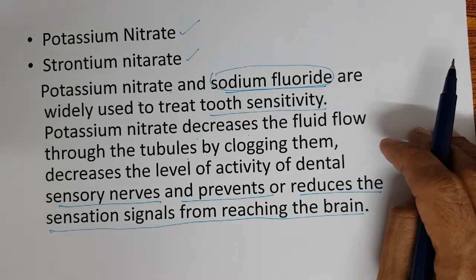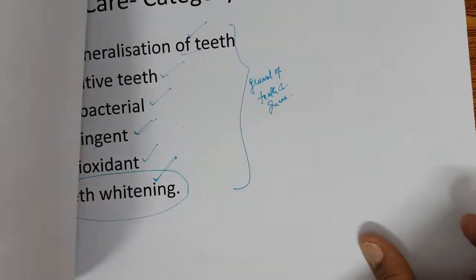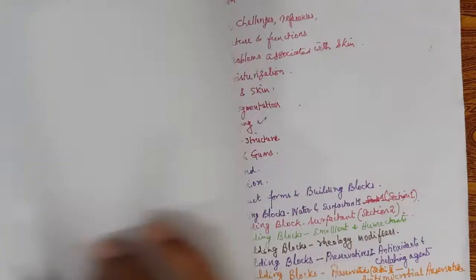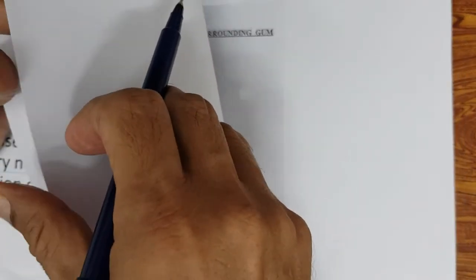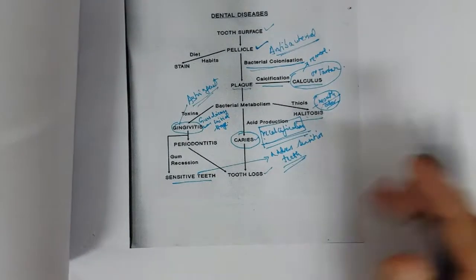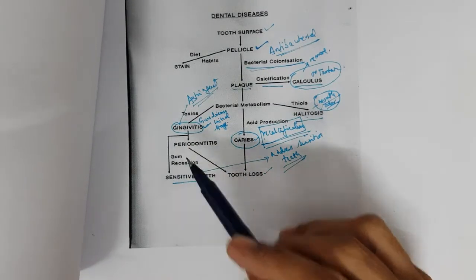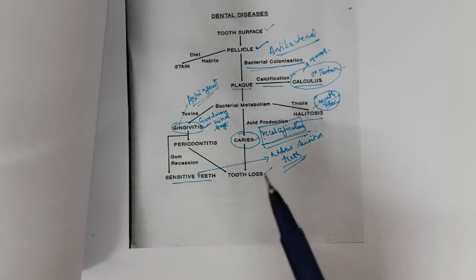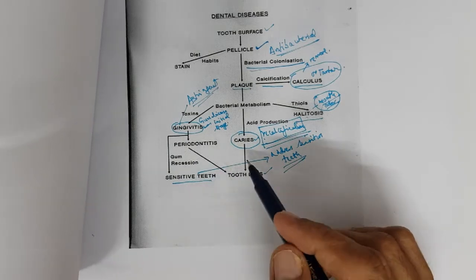Okay, so how do you get sensitive teeth? We saw that. We get sensitive teeth because of gingivitis and gum recession, which exposes the teeth.